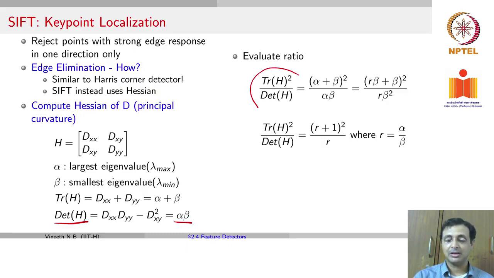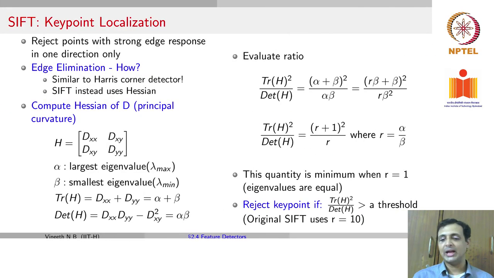So your trace square by determinant is going to be (alpha plus beta) whole square by alpha beta, which can be written as (r beta plus beta) square by r beta square, where r is written as alpha by beta. Using this approach, the trace square by determinant can be written as (r plus 1) square by r.